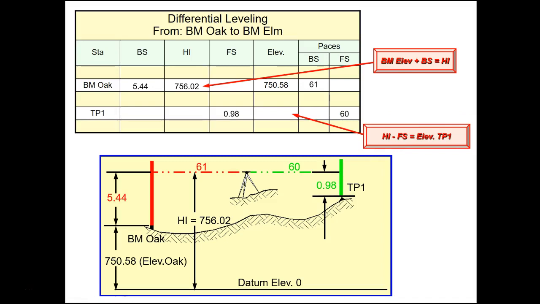So now we're ready to calculate the elevation at turning point 1, and that elevation is equal to the height of the instrument minus the foresight, because remember the height of the instrument is right up here, at 756.02, and if we subtract that value of the foresight down, that's going to give us the elevation right here at turning point 1. So that value then is 755.04, and that is our elevation at TP1.